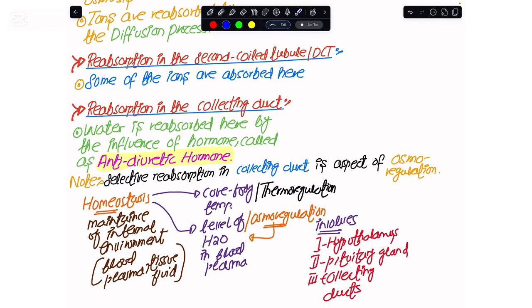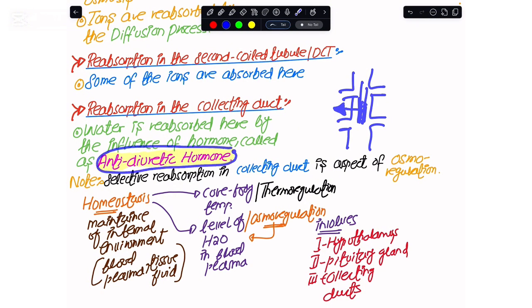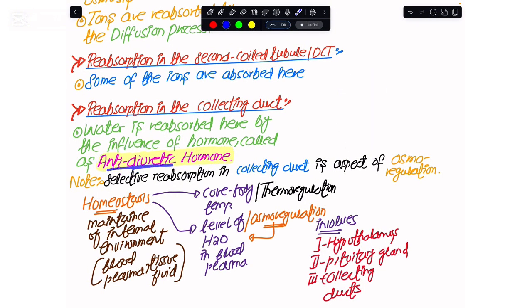The collecting duct has urine flowing in it, and in the urine we have most of the water. If that water is to be taken back into the blood capillary, it would not simply be carried out, but there is involvement of a hormone, the antidiuretic hormone.